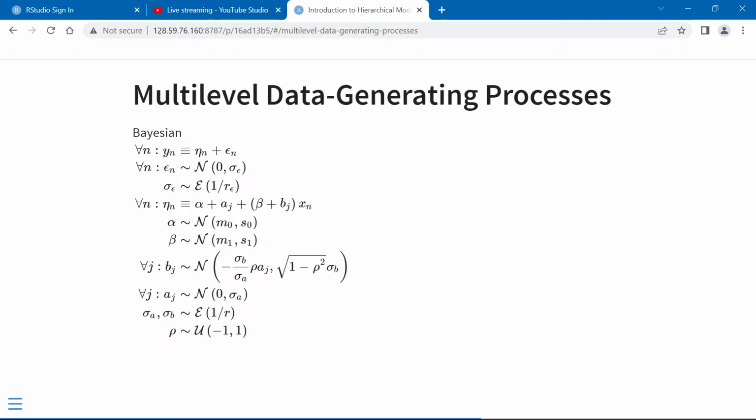And from a Bayesian perspective, usually, you don't have to do this, but usually a bivariate normal prior on the a sub j's and the b sub j's. And we can make a bivariate normal prior with a marginal normal prior on the a sub j's and a conditional normal prior on the b sub j's given the realization of the a sub j.